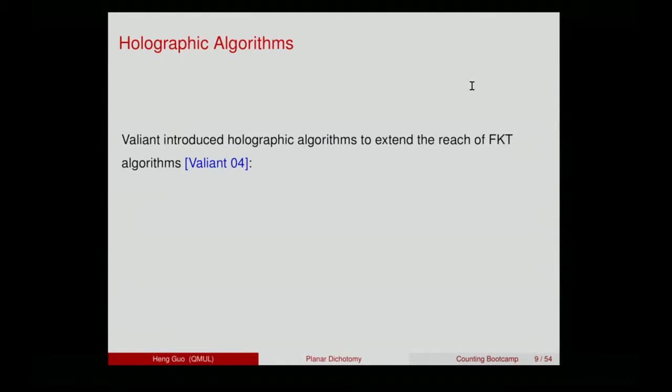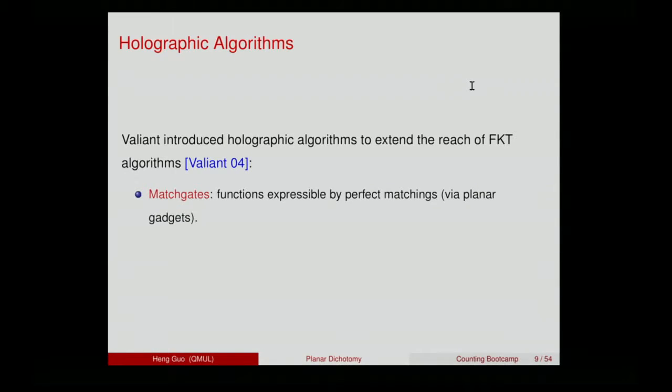And also, Valiant had this wonderful idea of holographic algorithms that extend the reach of the FKT algorithm. As we understand now, this roughly has two ingredients. First, we have these matchgates. Roughly speaking, these are the functions that can be expressed by perfect matchings via a planar gadget, as Andreas talked about in the gadget sense.